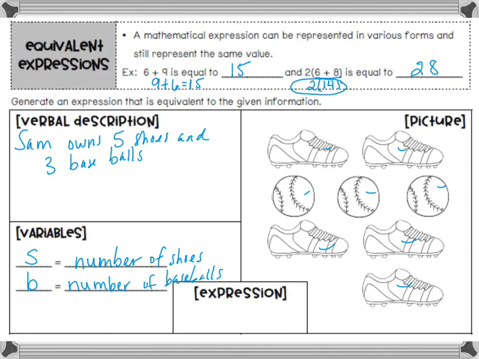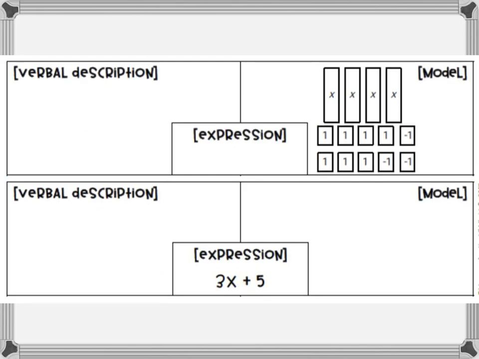Now that I have my verbal description, I've assigned variables, I can write this as an expression. I can say that he has 5 shoes, so I would multiply 5 shoes plus his 3 baseballs. It's that simple. That's as easy as it gets.